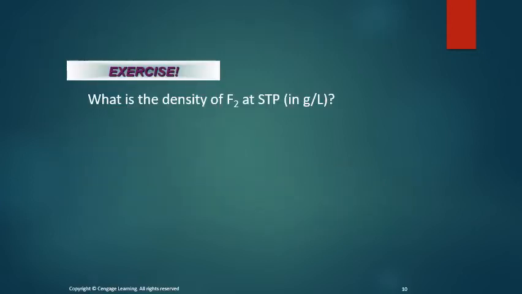So as an example problem, let's determine the density of F2 at STP. Now, in this type of situation, we're going to solve for it in grams per liter. Remember, every time that we see STP, that gives us two values, 1 atmosphere and 273 Kelvin.